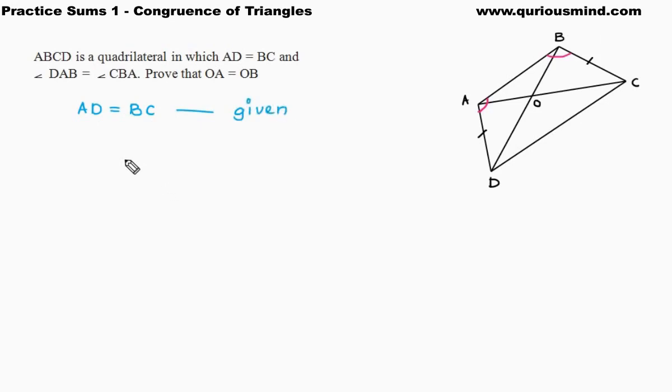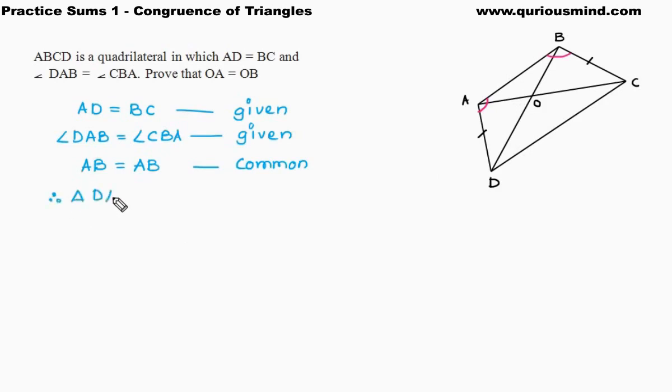We also know angle DAB is equal to angle CBA. And we see that AB is equal to AB. That's a common side. And therefore, triangle DAB is congruent with triangle CBA using side, angle, side.